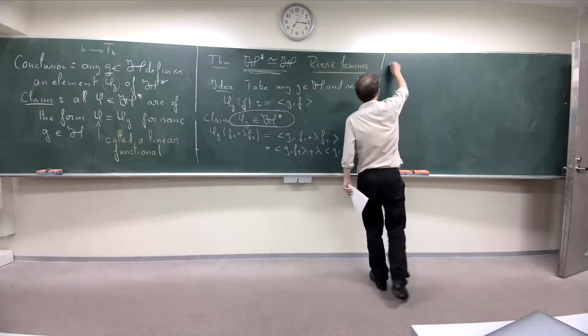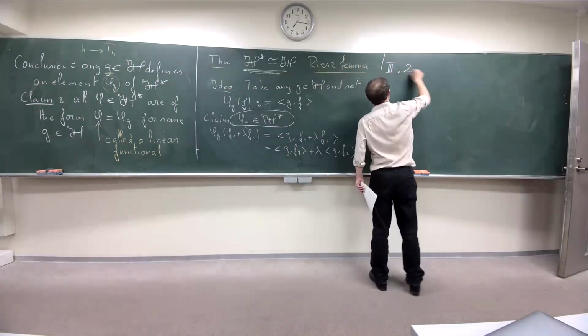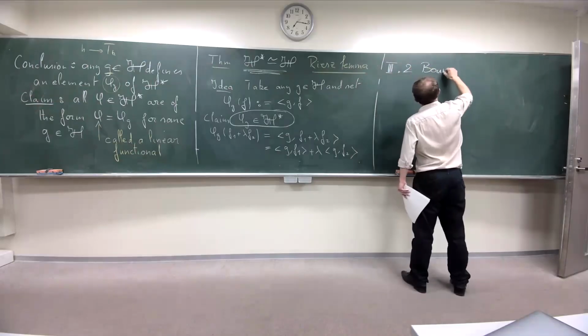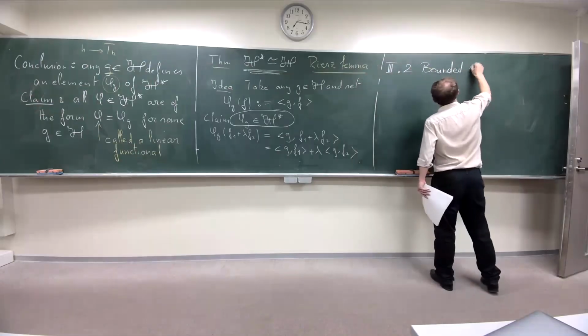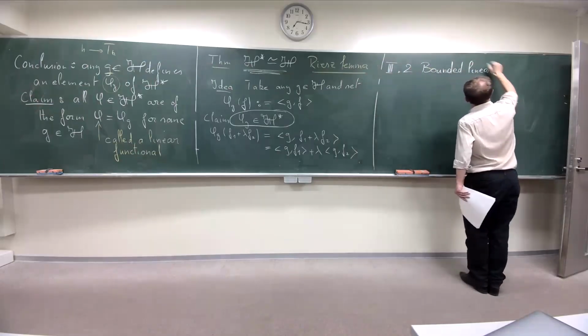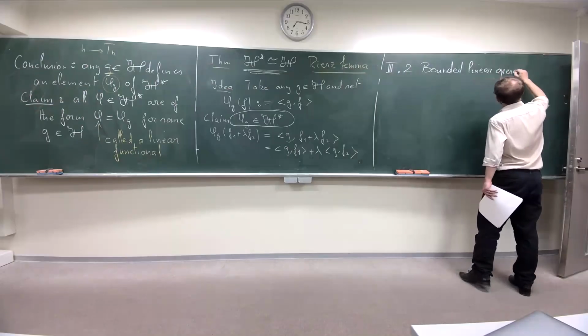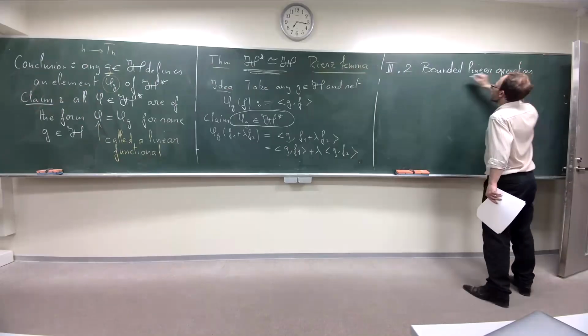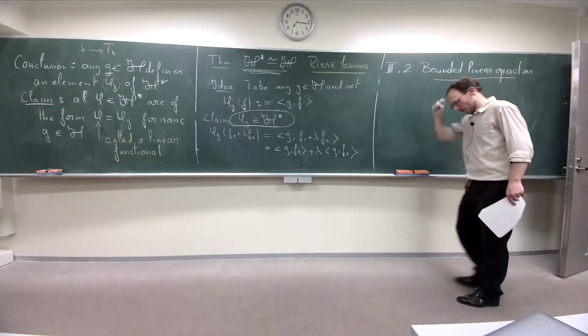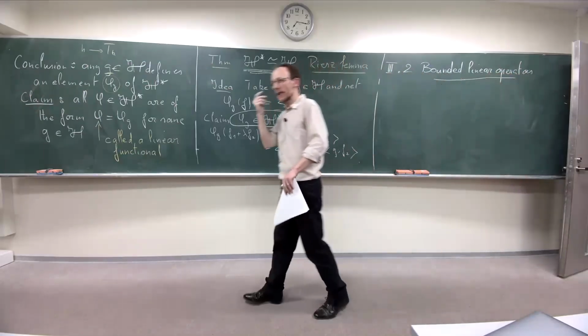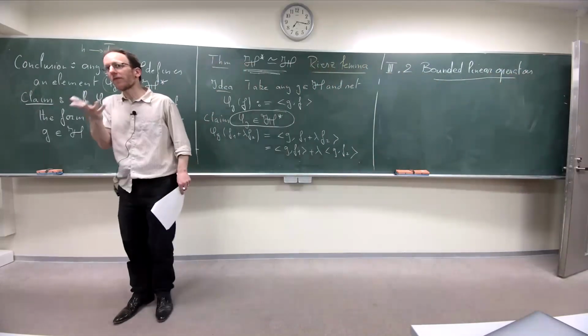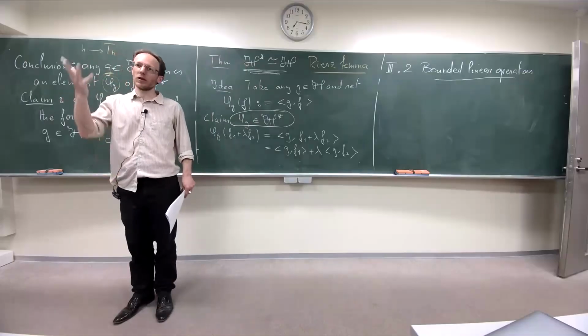So next section, 3.2, bounded linear operators. So far we have seen Hilbert spaces. A Hilbert space is a vector space with a scalar product and some properties.